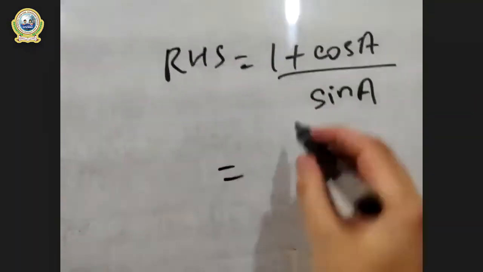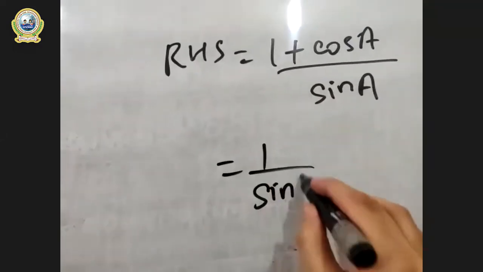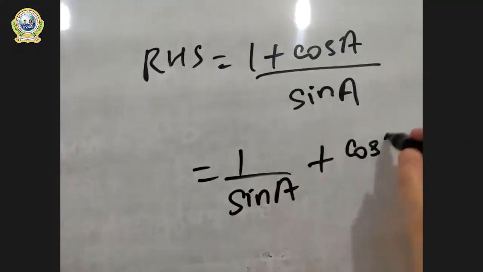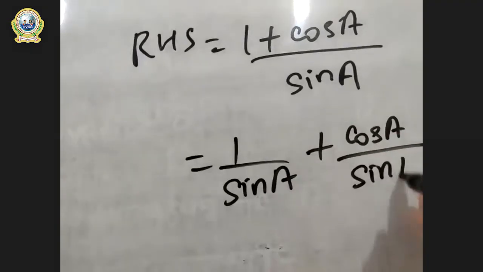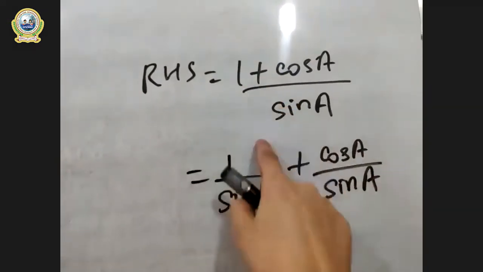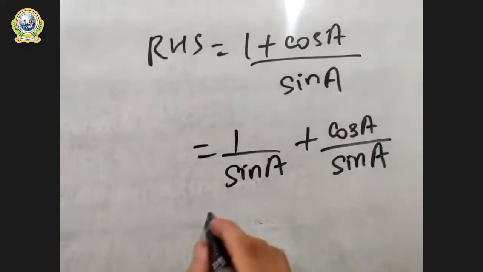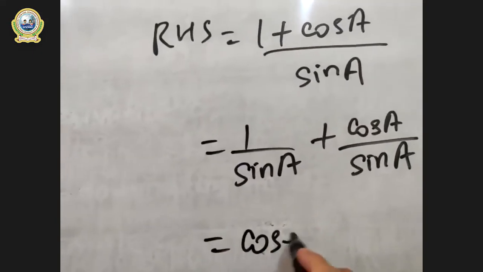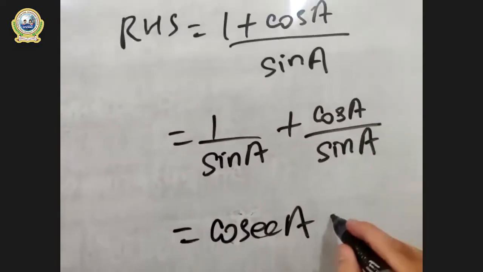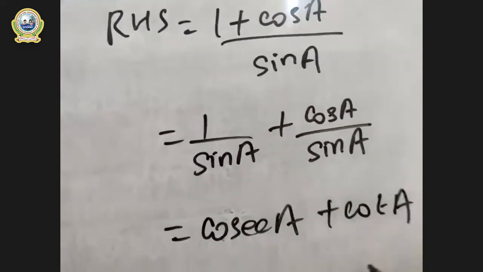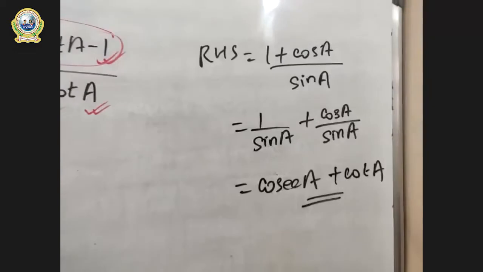Now it looks like 1 by sin A plus cos A by sin A, right? I have just applied the distribution law. 1 by sin gives cosec, and cos by sin means cot. Isn't it so?